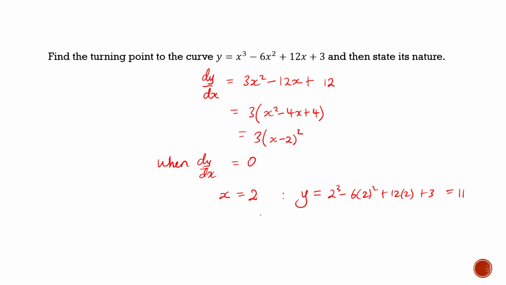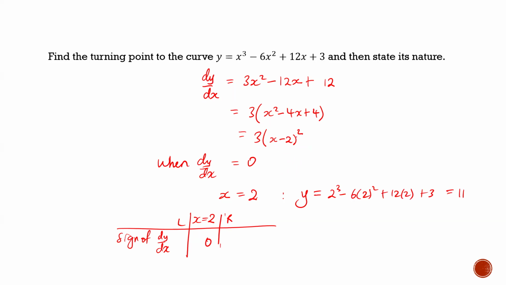How do we determine the nature of this turning point? We'll draw the same table that we have. So when x is equal to 2, immediate left, immediate right, and then the sign of dy/dx. Of course, we know that when x is 2, dy/dx is going to be 0. For x to the immediate left of 2, you could go with 1.9.